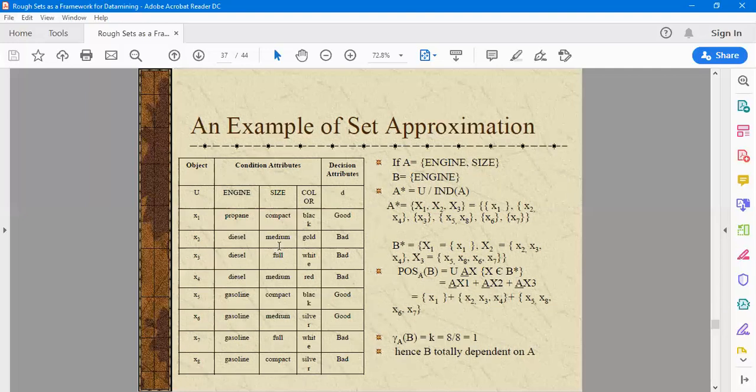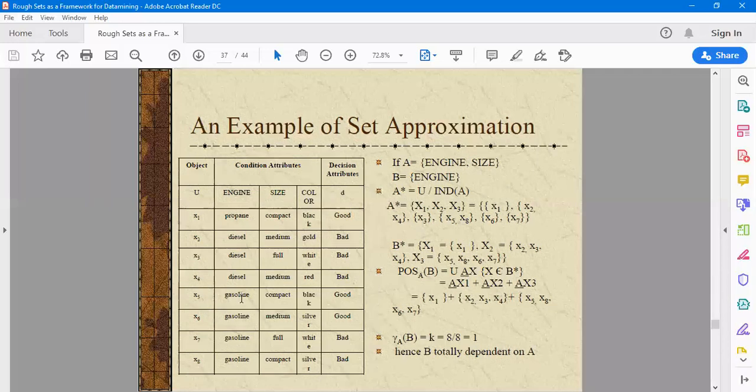Diesel and medium is the same combination, so X2 and X4 are repeated. That is why X2 and X4 form another equivalence class and X3 is another equivalence class. I hope you are getting this, because this is one set. The attributes are the same, but this is a different set, so a different equivalence class, a different cluster has been formed. That's why X3 is different over here.